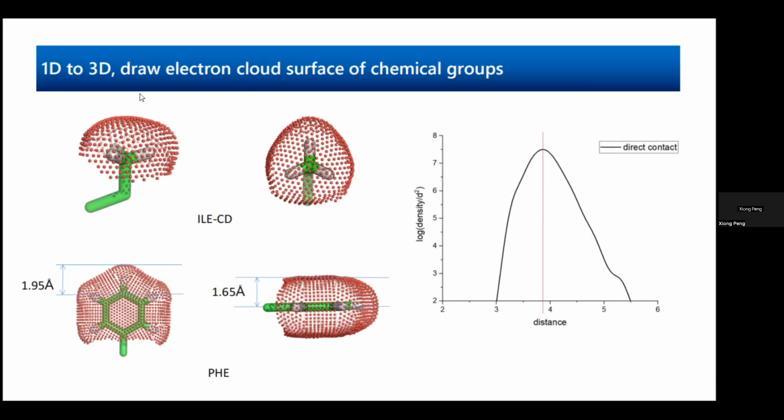If we extend the one-dimensional distance to three dimensions, we can get the packing radius of different atoms in different directions. So using this information drawn from the direct contact, we can draw the electron cloud surface of different chemical groups. For example, here is the surface for the leucine C-delta atom, and this is the surface for the phenylalanine side chain groups.